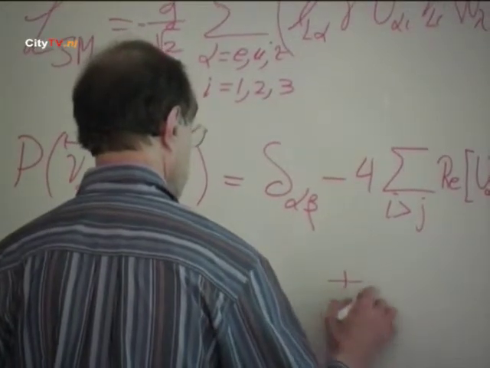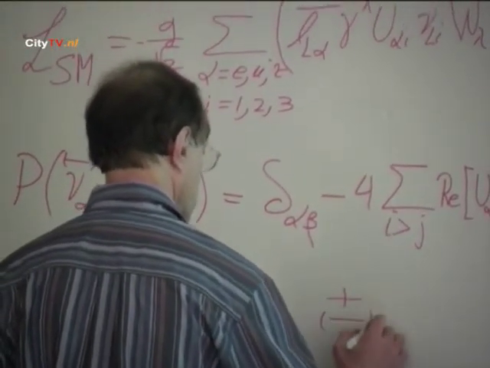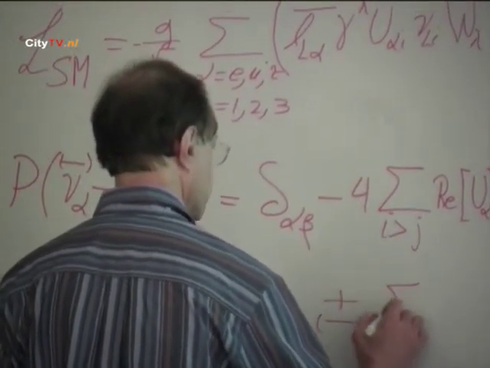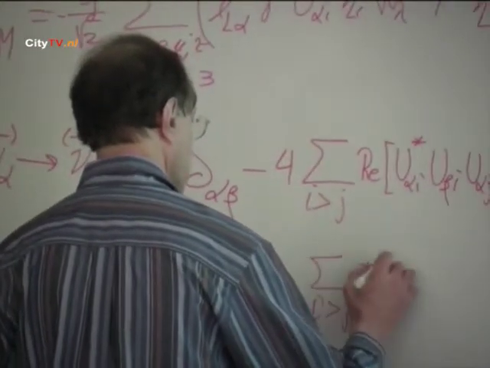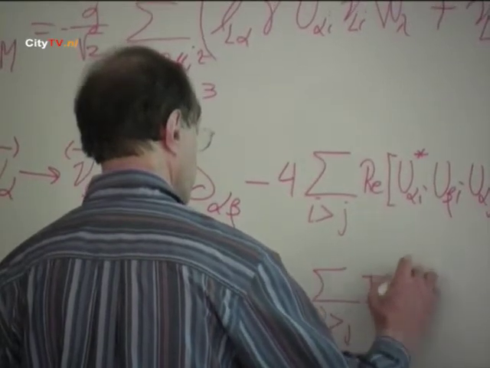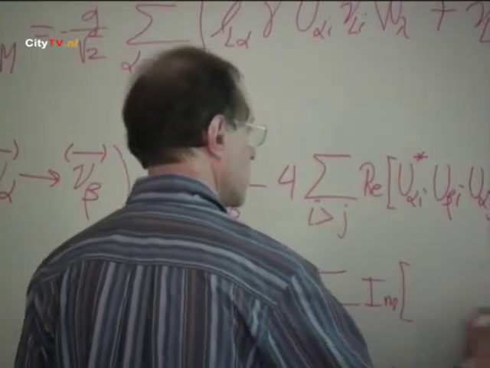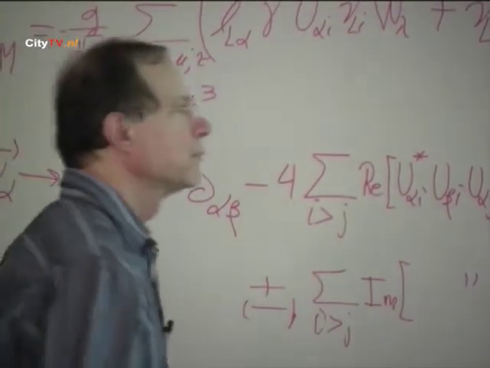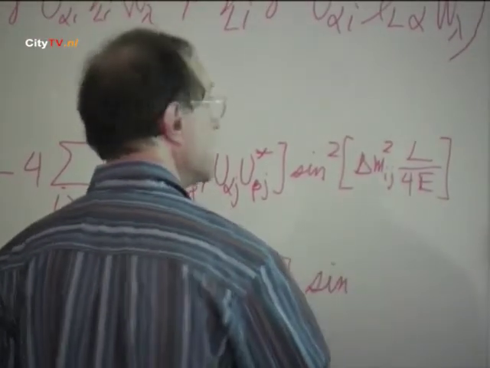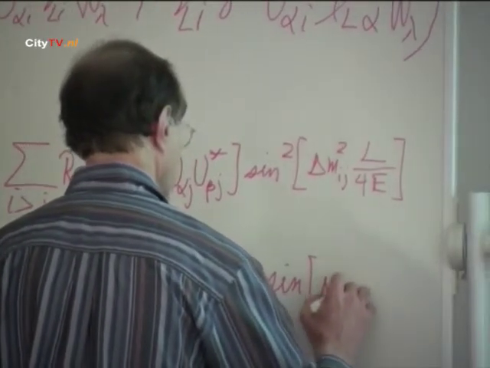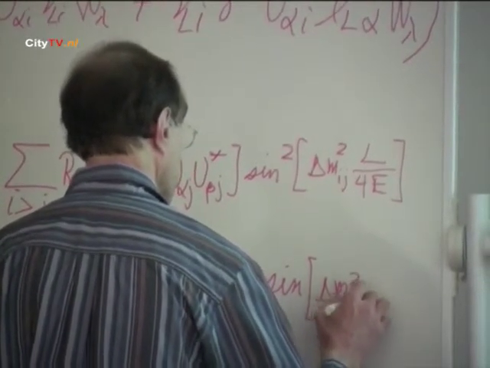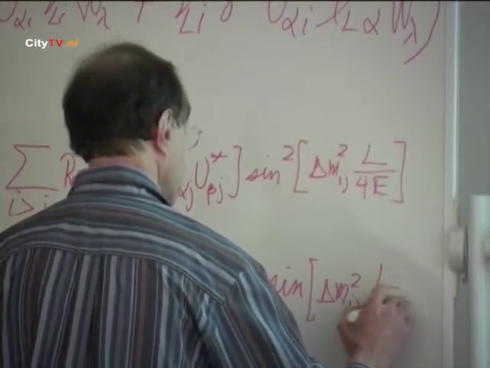Plus, or for the case of the antineutrinos, minus, the sum over i greater than j of the imaginary part of the same product of U matrix elements times the sine not squared, L over 2E.